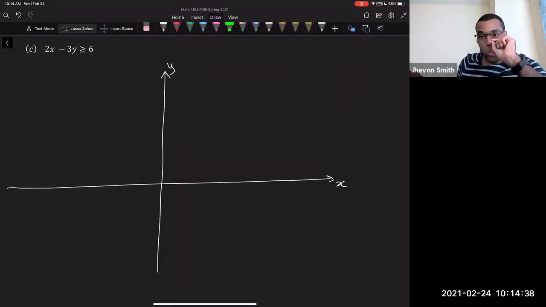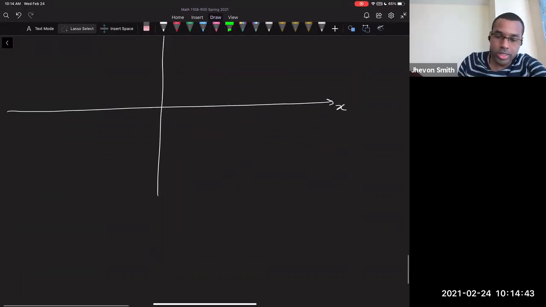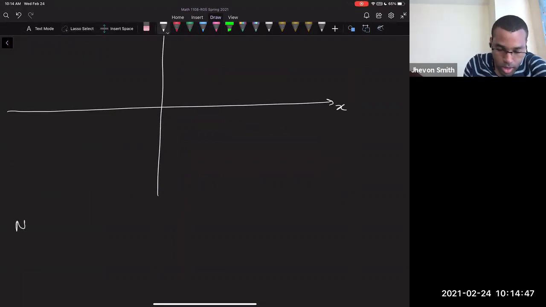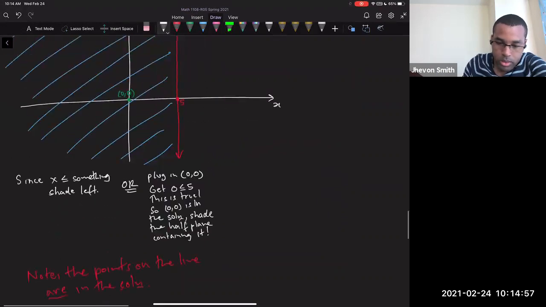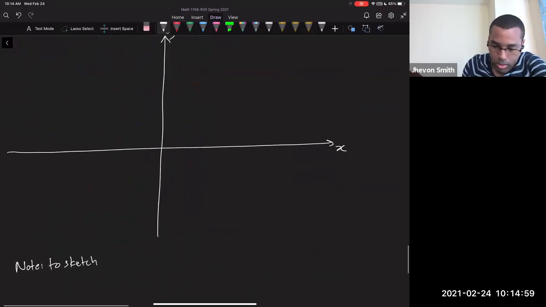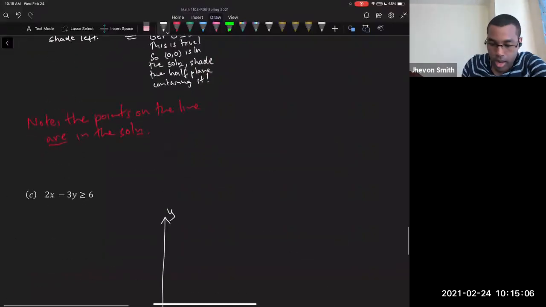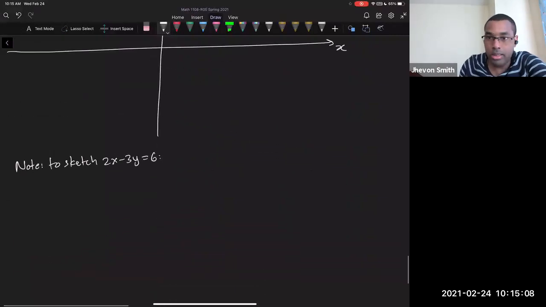So remember, you only need at most 2 points. Now, what are the points that we want to sketch? So note, to sketch this guy, 2x plus 2x, I'm going to plug in 2 points, and it's plugging in the intercepts.